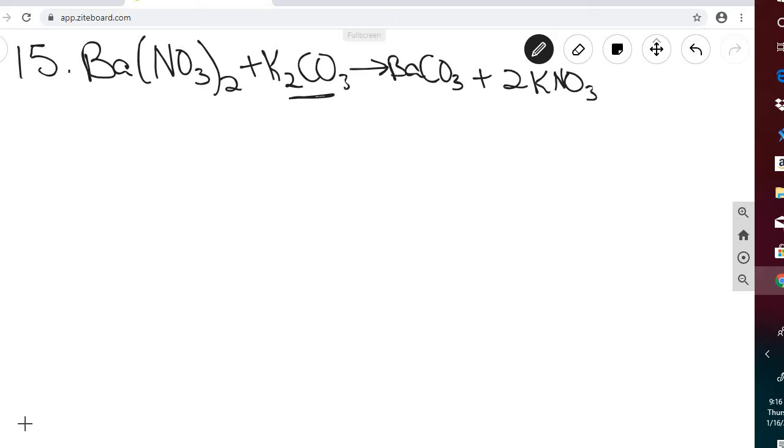And we're told that we want to make 150 grams of this. And if we have a 2.56 molar solution of this, then what volume will be needed?